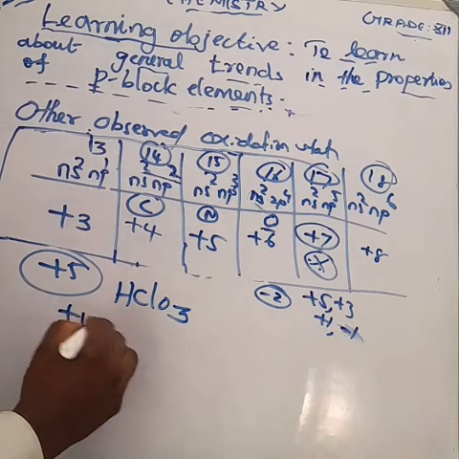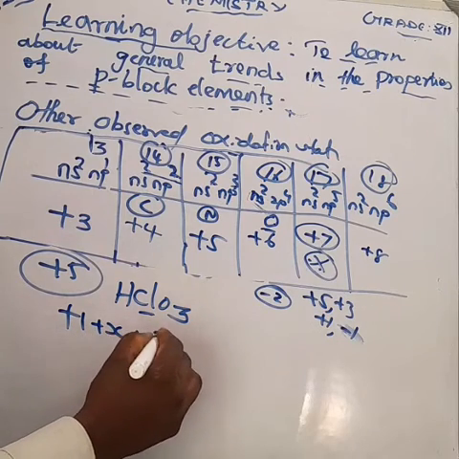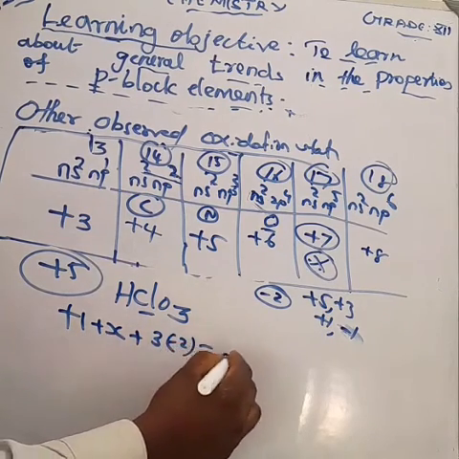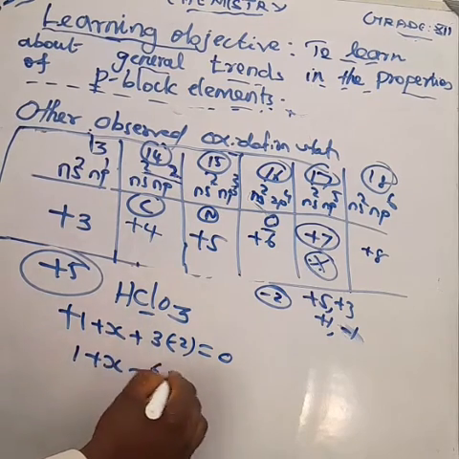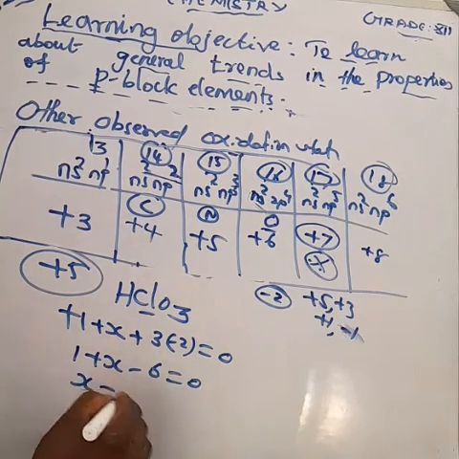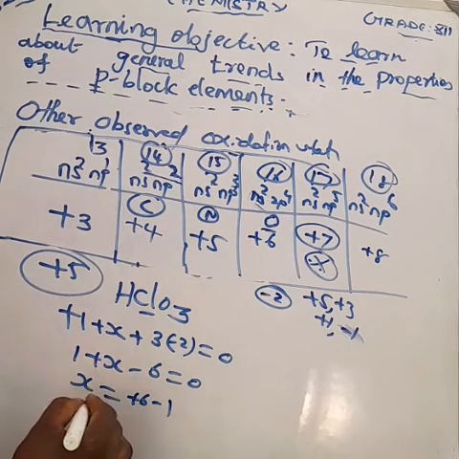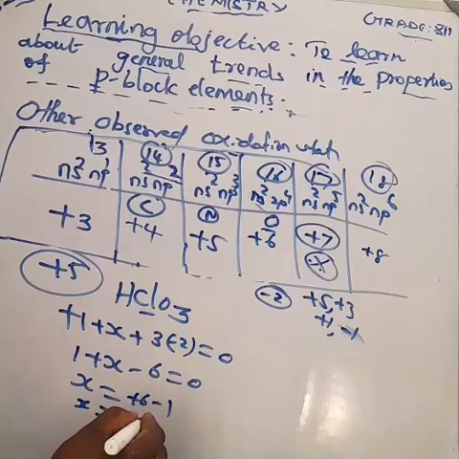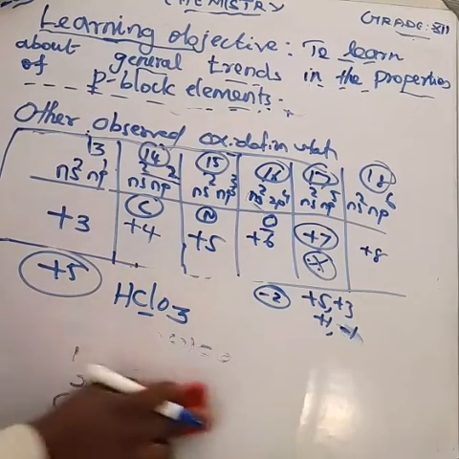H is plus 1, the halogen is taken as X, and 3 oxygens, 3 into minus 2, equal to 0. Yes or no? So 1 plus X minus 6 is equal to 0. So X is equal to plus 6 minus 1, X is equal to plus 5 oxidation state. Yes or no?